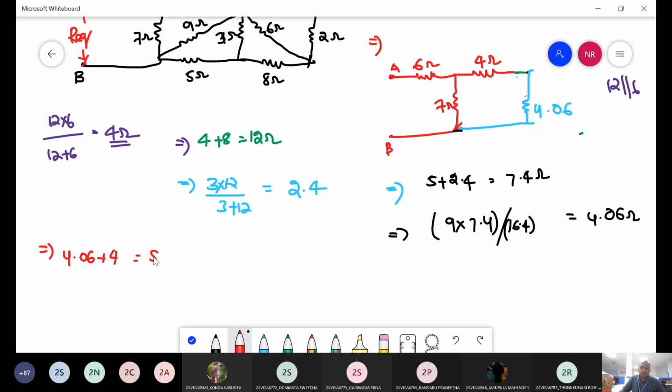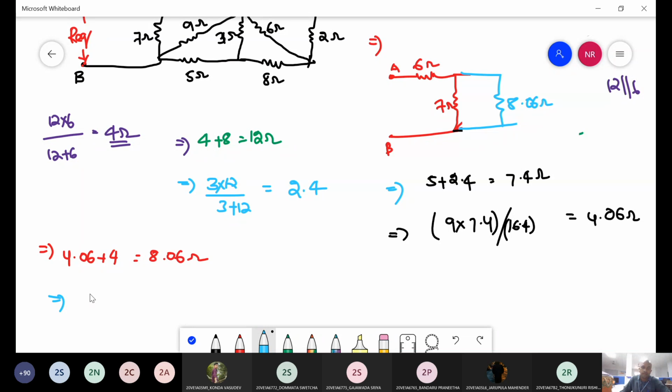How much it is? 8.06. So now again I am removing these two elements, right? I'm connecting only one element, that is 8.06. Now next level, that is 8.06 and 7.